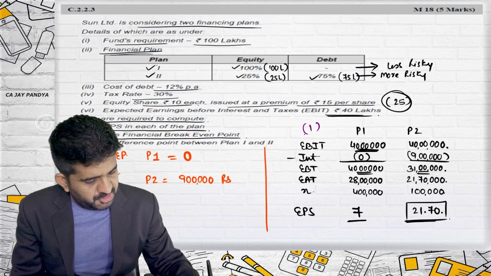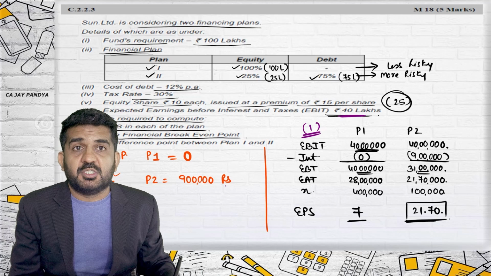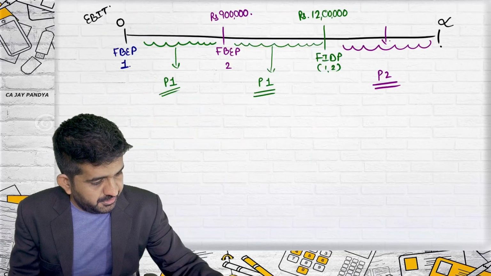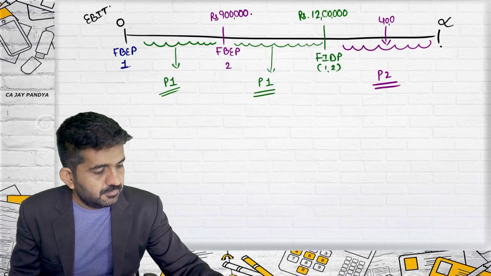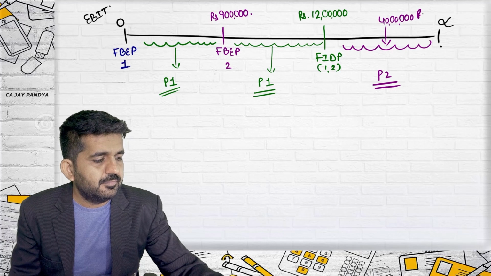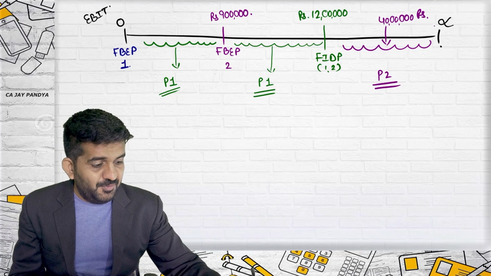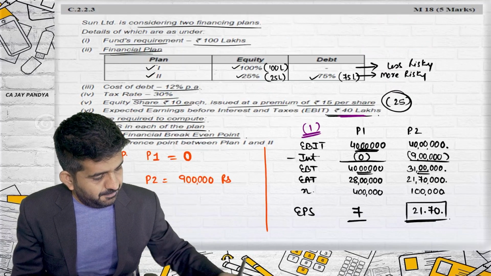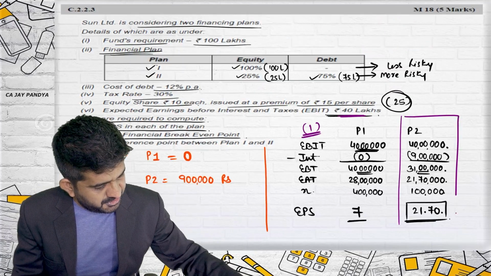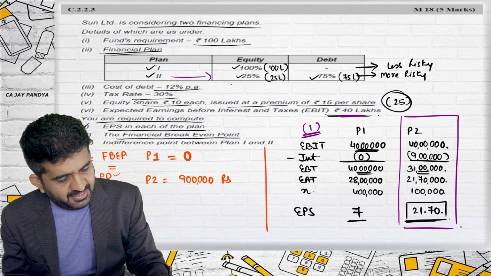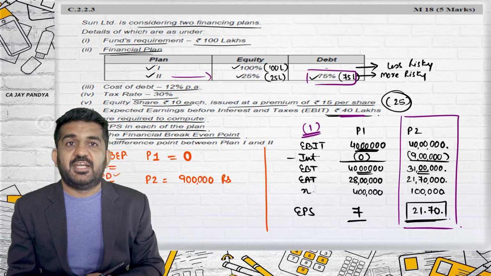In first question, actual EBIT was given. What was EBIT? 40 lakhs, which comes over here. And so if it comes over here, the more risky plan should be selected. Which was more risky? Plan 2, because plan 2 is having debt. Plan 1 is not having debt, so it is less risky.